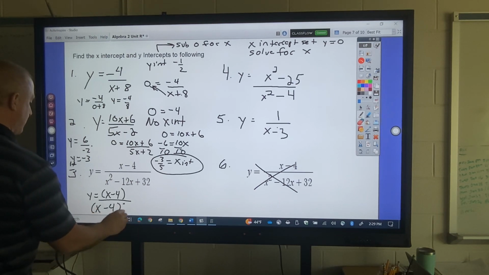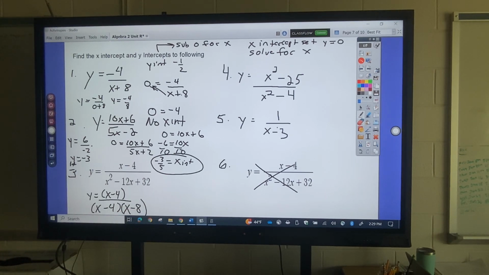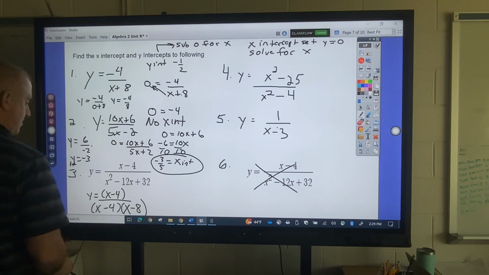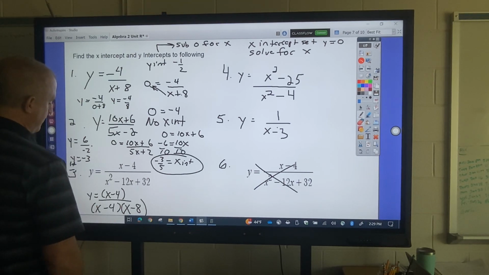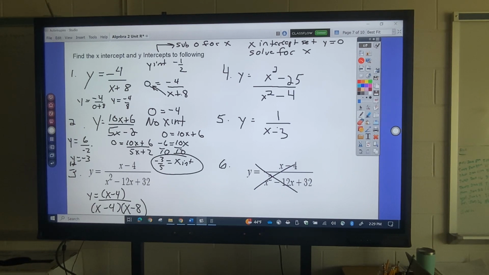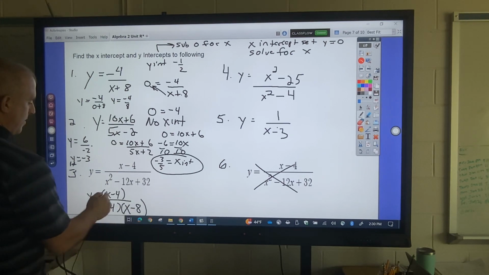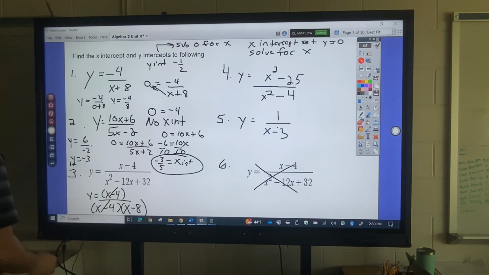If I put 0 in for x, that would be negative 4. It really doesn't matter. You can do it either way, but if I eliminate these, it'd probably be easier.